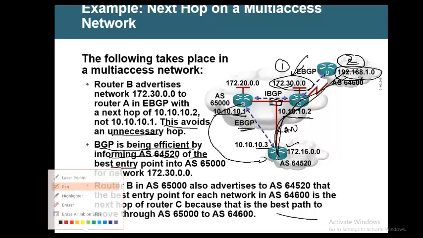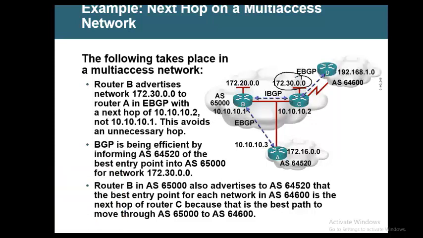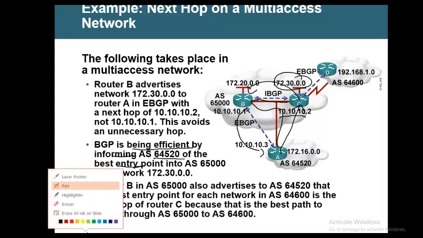The original source of the network, the advertiser, is 10.10.10.2. It comes to B and B is advertising to A. There is no doubt. But BGP is being efficient by informing autonomous system 64520 of the best entry. The best entry is to go this way, not like this, which is avoiding unnecessary hops.